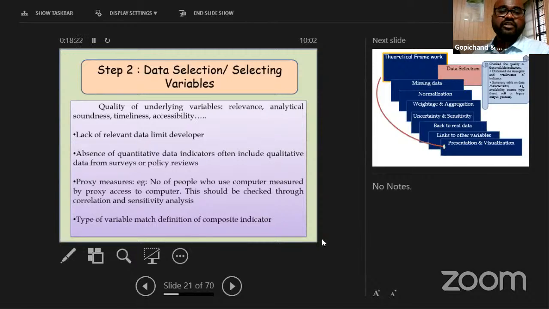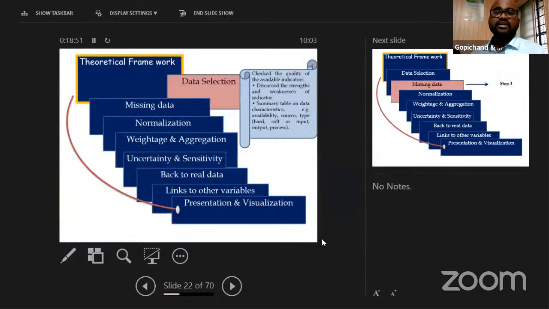Coming to proxy measures, the indicator actually depicts one variable, but we measure another variable and keep that data. Here also data problems will come, and the type of variable should match the definition of the composite indicator. The composite indicator we define should match the variable we select. At the end of the data selection, we should check the quality, strengths and weaknesses of the data, and we should document the availability and source of data.